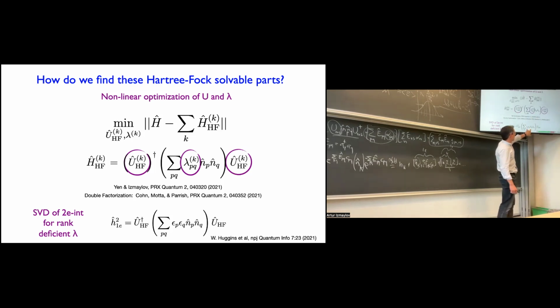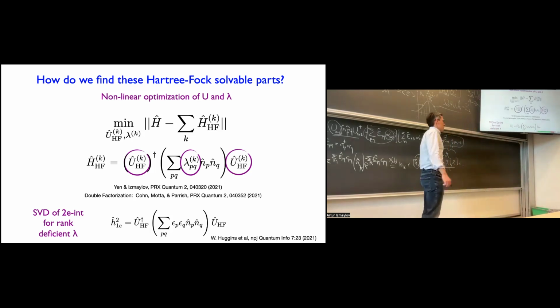And so the coefficients in front of the quadratic occupation numbers, you could think of them as a matrix, but it's a rank deficient matrix because it's coming as an outer product of the vector epsilon, the coefficients of that vector.